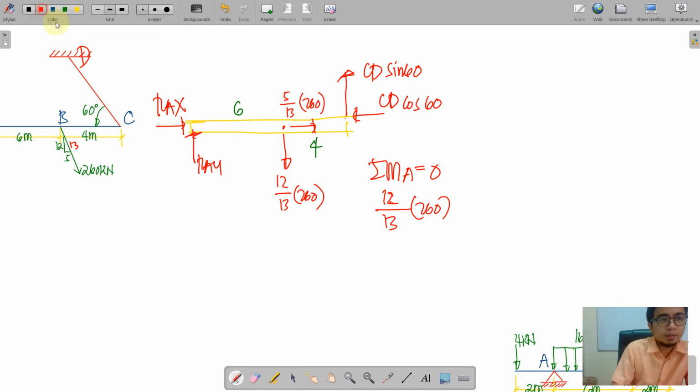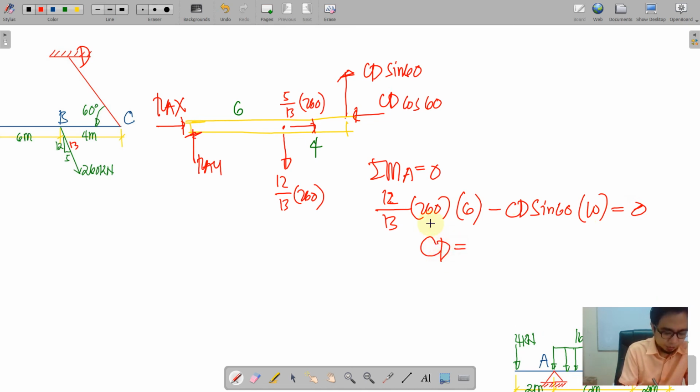Okay, so multiply it by its moment arm, 6, and then minus CD sine of 60 times 10. This is equal to 0. So therefore, tension at CD is equal to 127.91 kilonewtons.